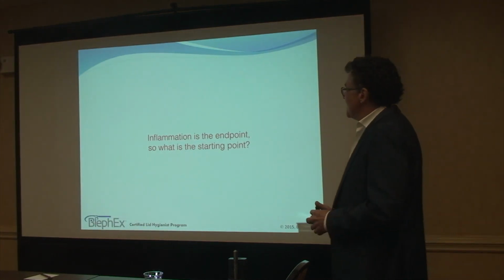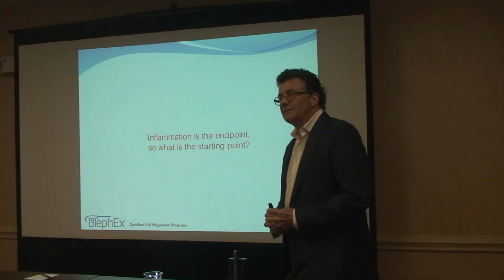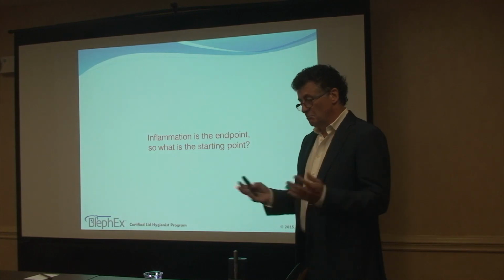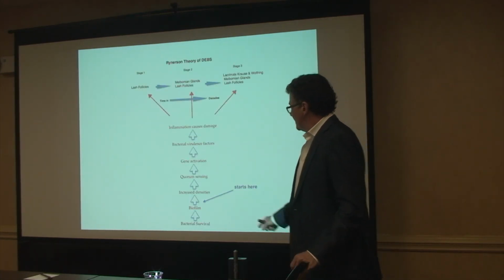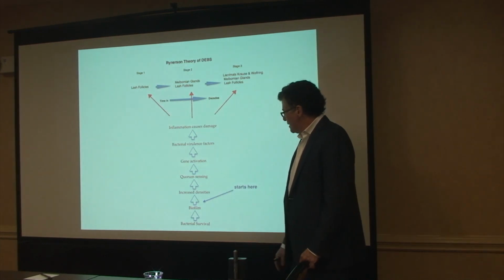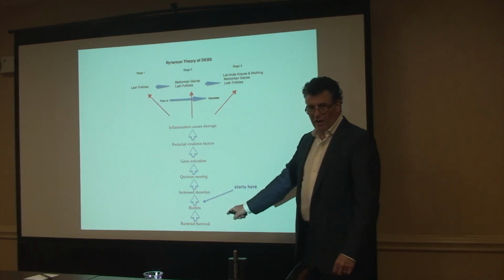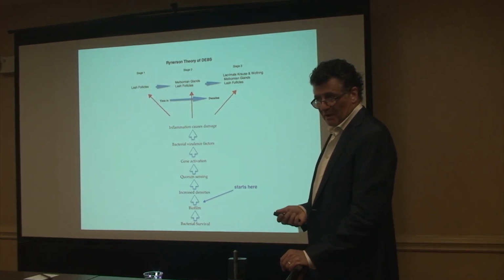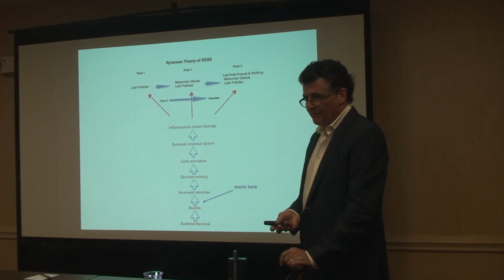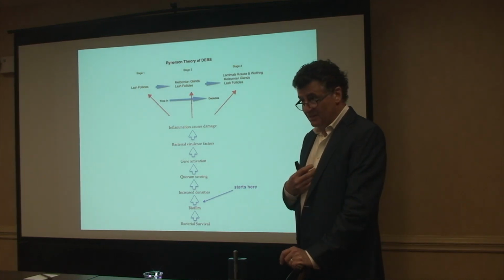So if inflammation is the end point, what's the starting point? If we're going to have an effect on this disease, it'd be nice to know how the inflammation starts, right? Well, it starts right down here with biofilm. Bacteria want to survive, and in order to survive, they build biofilms. Bacteria have been on this planet for eons longer than we've even existed as a species.